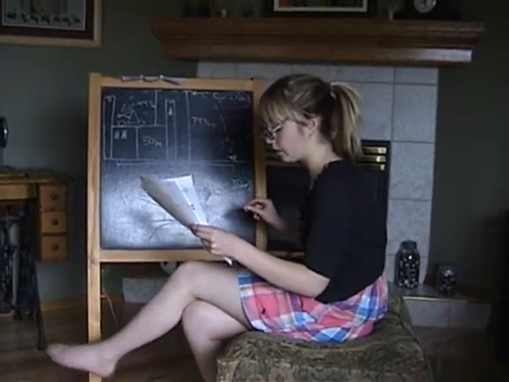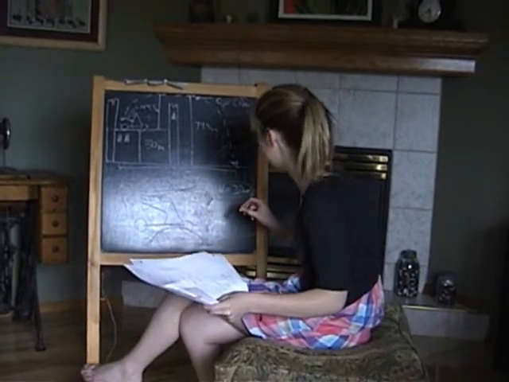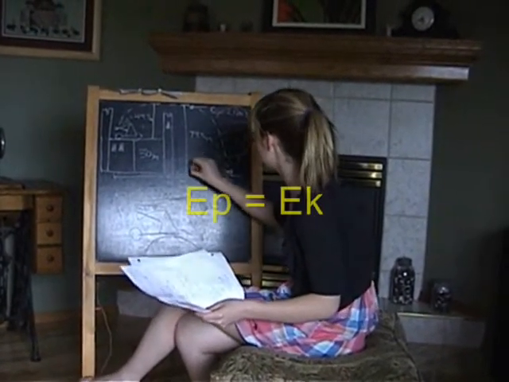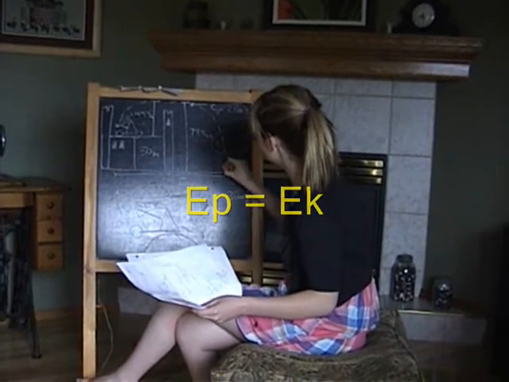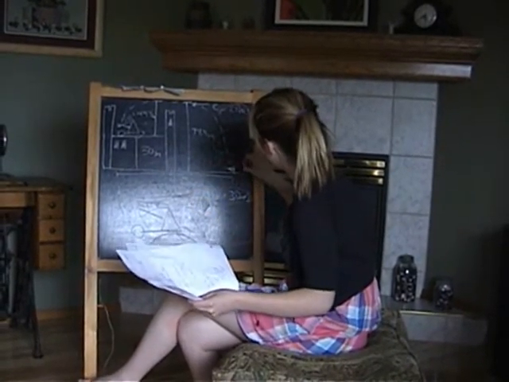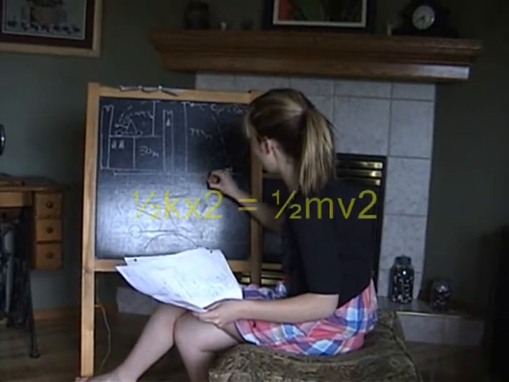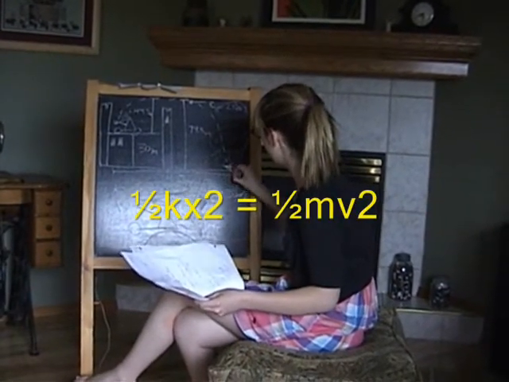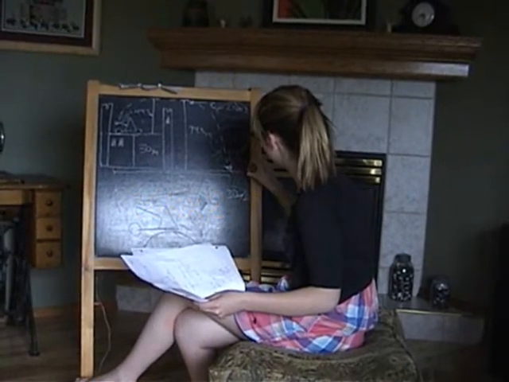Continuing on with that, we are able to calculate the velocity. We calculate the velocity using EP equals EK, which in other words is 1/2 kx squared equals 1/2 mv squared.